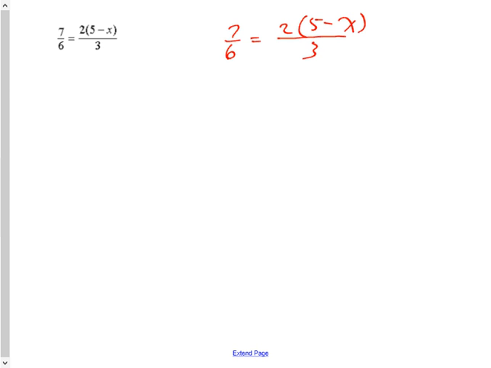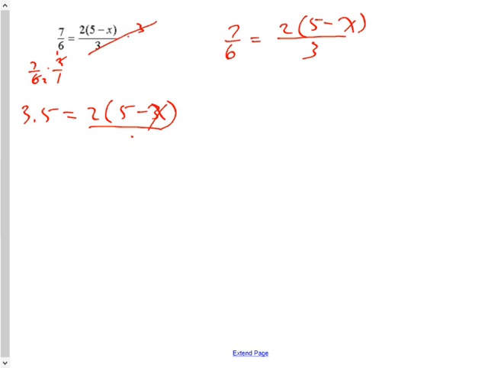So if I multiply it by 3, I know that this happens, and I'm left with two groups of 5 minus x. So multiplying this by 3 will give me, sorry, 3.5, right?